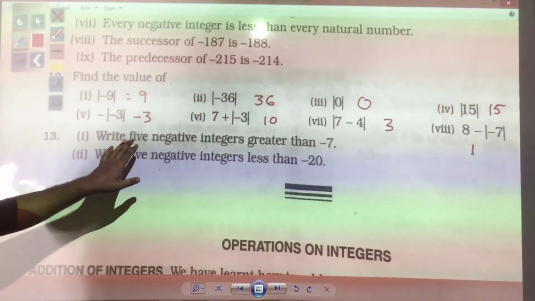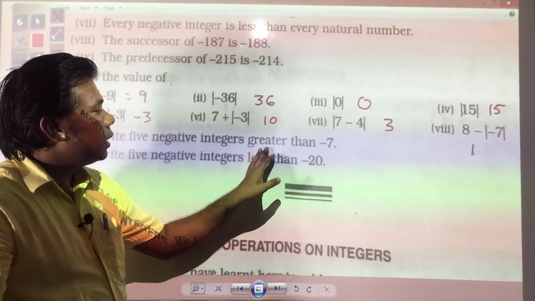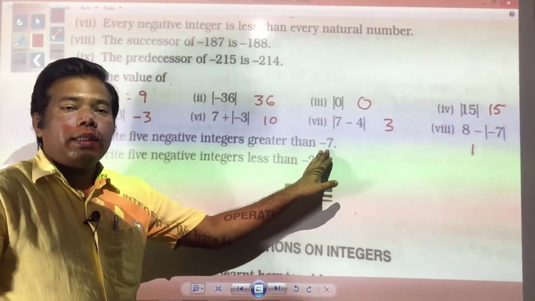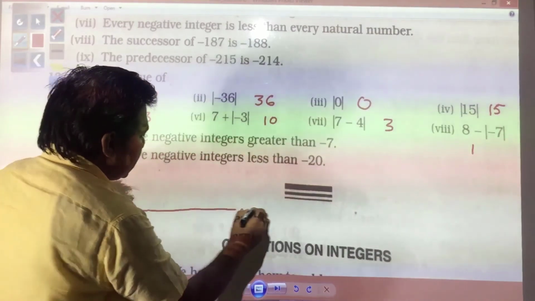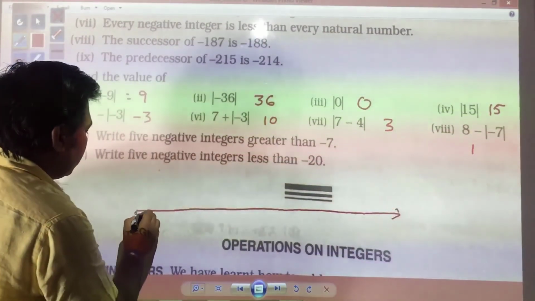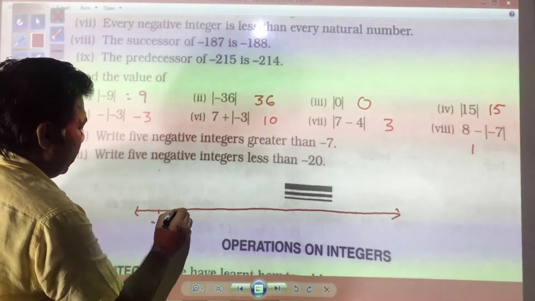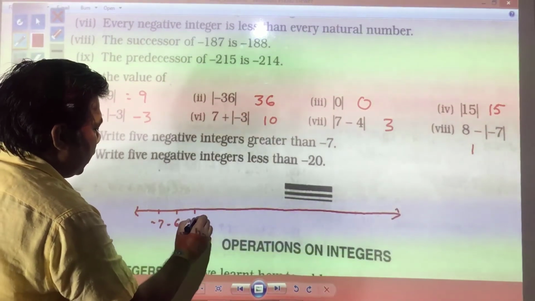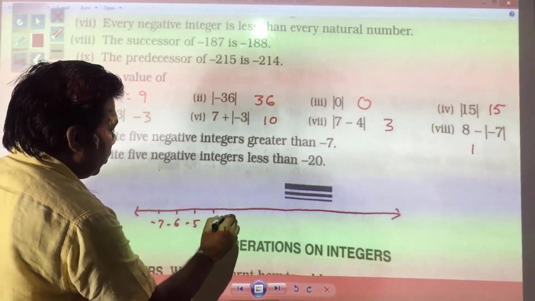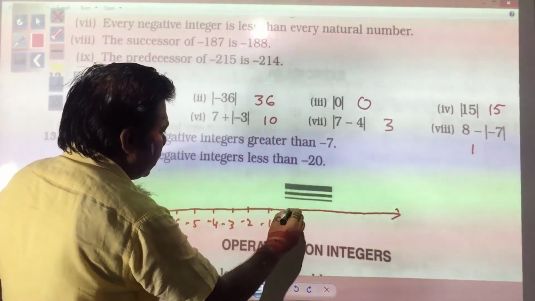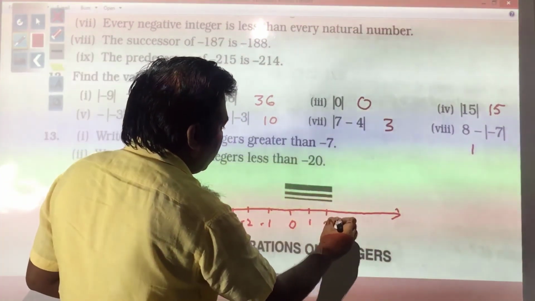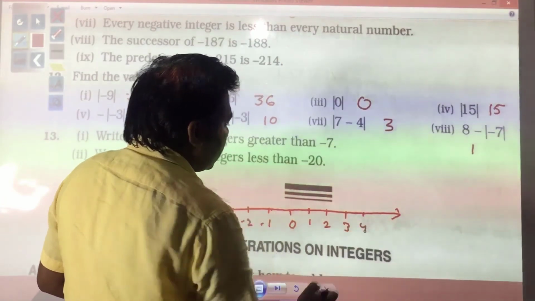Next you see, write 5 negative integers greater than minus 7. On a number line also you can see this. Suppose minus 7, minus 6, minus 5, minus 4, minus 3, minus 2, minus 1, 0, 1, 2, 3, 4 in this way.